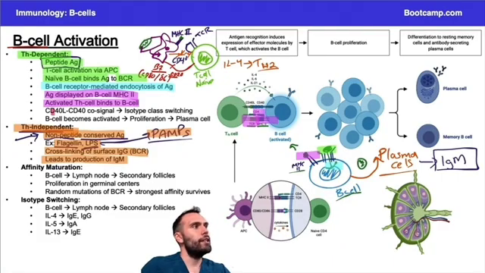This signal, the CD40 ligand co-signal, essentially involves CD40 ligand on the T helper cell and CD40 on the B cell. And this specific step is involved in isotype switching. That's very high yield to remember, that CD40 ligand, CD40 binding, is one of them that I would absolutely remember, is involved in isotype switching.